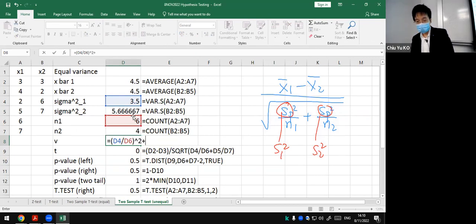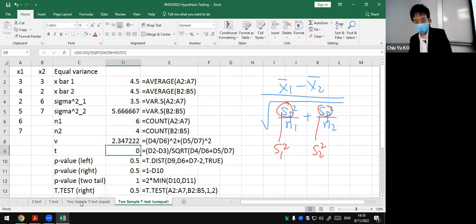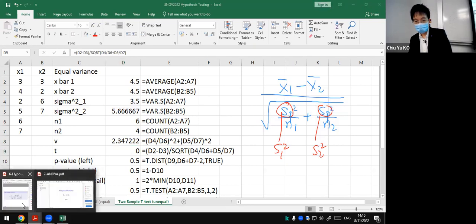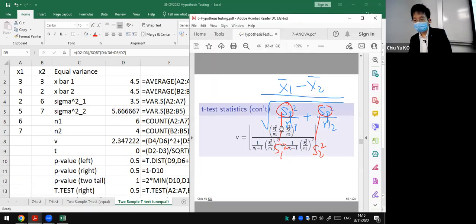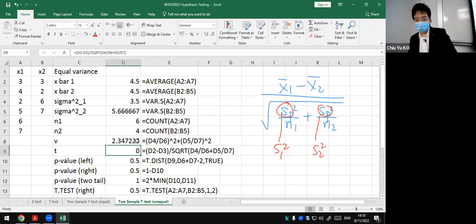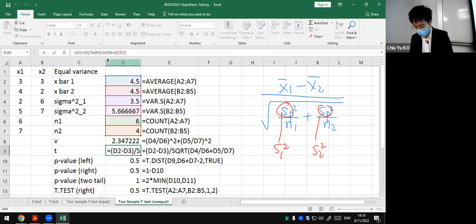And you do the same for the S2, right? It's just S2 squared over N2 and then square. Let's see if I'm right or wrong. Yes, this is the formula for the numerator. And you do the same for the denominator. Okay, so this is the numerator. So it's super complicated.